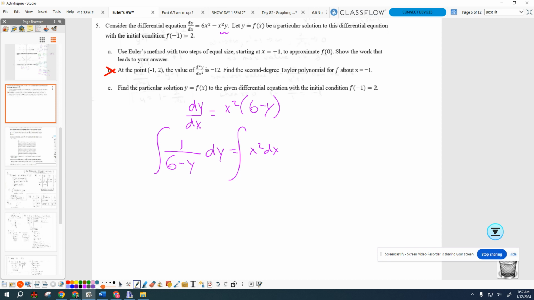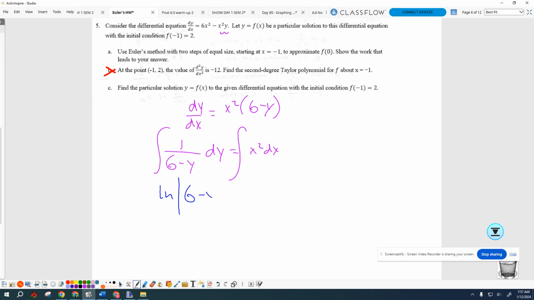So now integrating here, this is natural log of the absolute value of this, divided by the derivative of the stuff inside, which is a -1. And again, I prefer to plug in the initial value early. I'm going to make that a positive and this a negative.